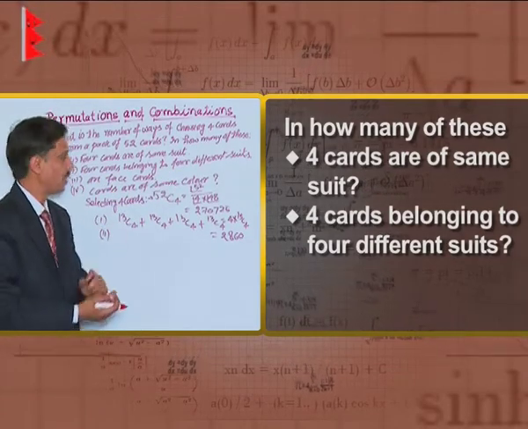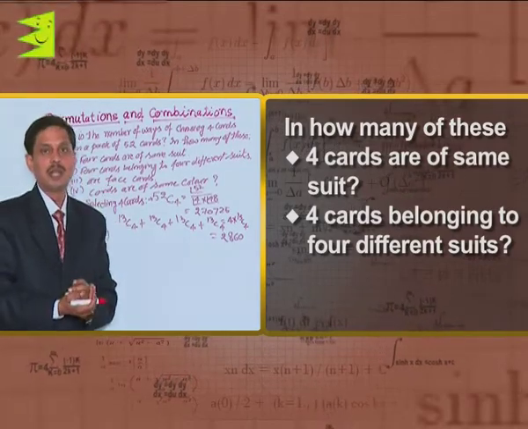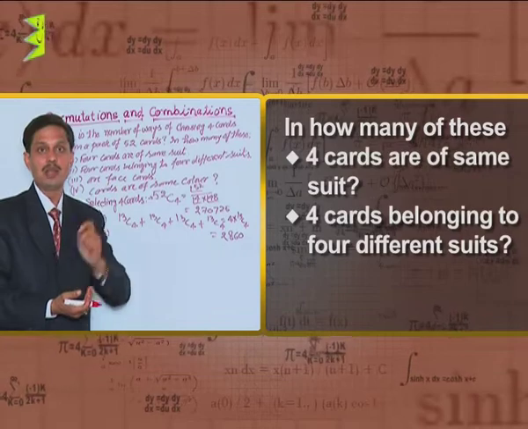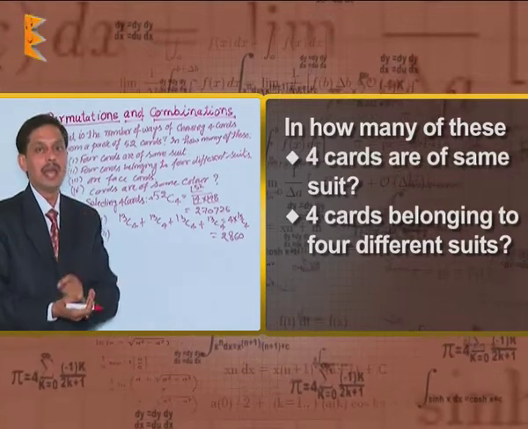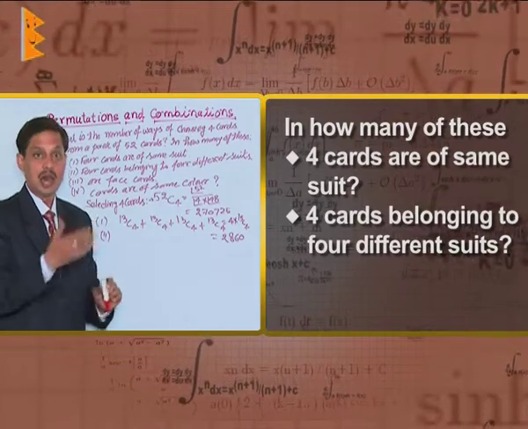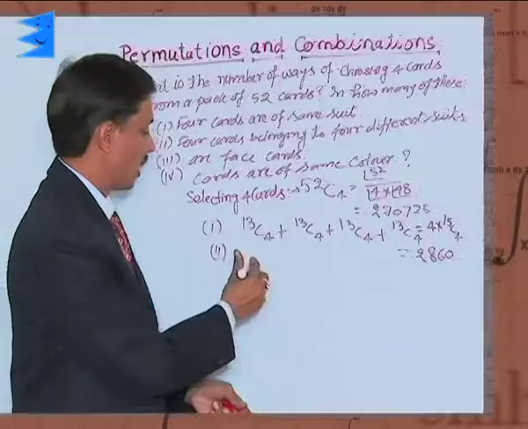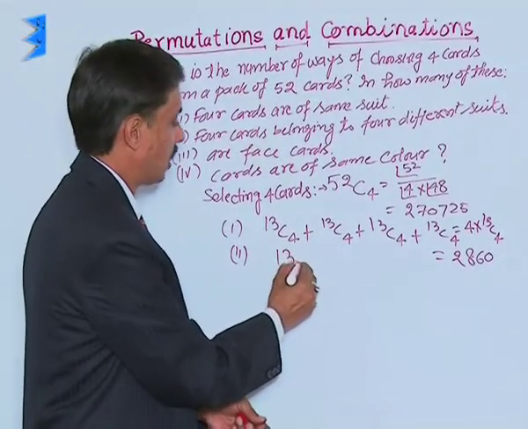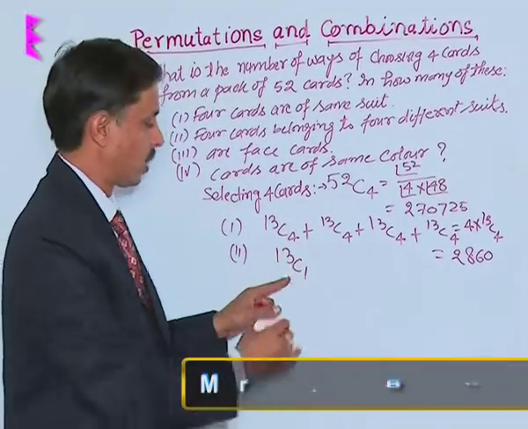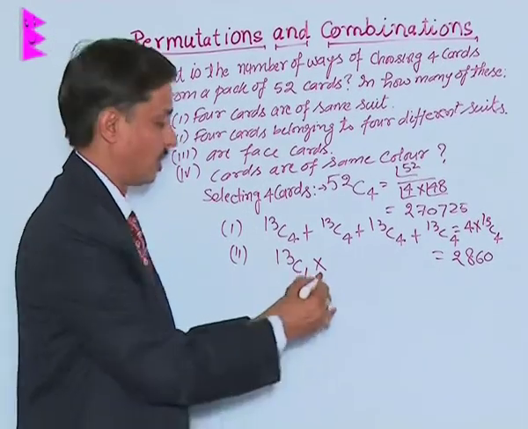If I go to solve the second part, 4 cards belonging to 4 different suits. It means that 1 card is from the diamond, 1 is from heart, 1 is spade, and 1 card is from the last, that is club. So we are using multiplication.